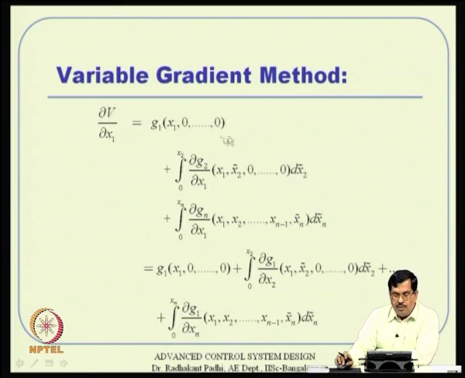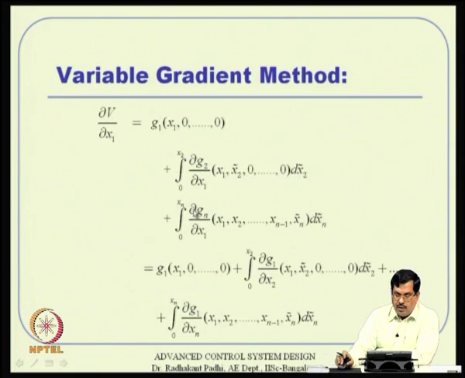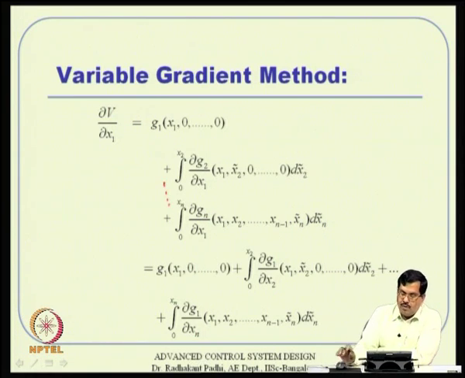So, it will give me g1 as a function of x1, and then for all other things the partial derivative will be pushed inside. So, I will take that partial derivative inside, so del g2 by del x1, del g3 by del x1, like that. It will continue that way, and I will take the partial derivative inside.